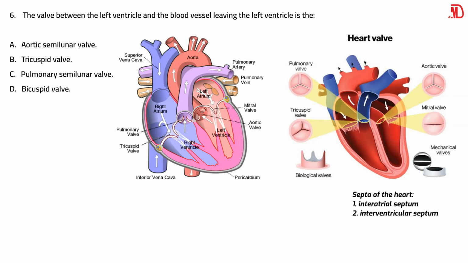This valve is located between the left ventricle and the aorta. The correct answer is therefore A. That is between the left ventricle and the aorta, or the blood leaving the left ventricle, or the vessel leaving the left ventricle, that's the aorta.